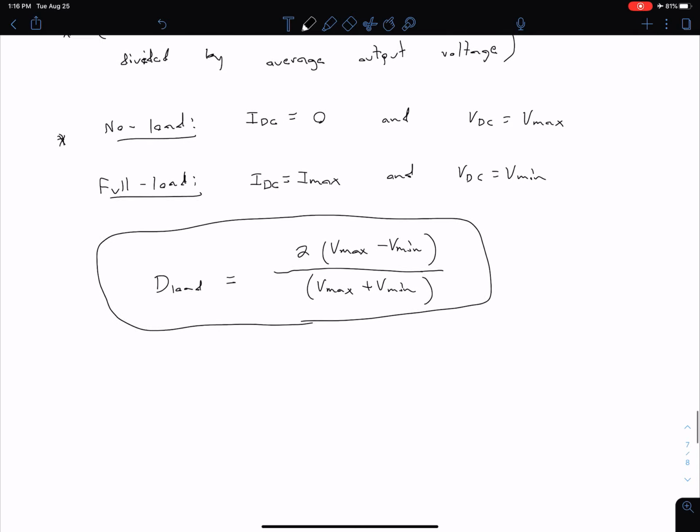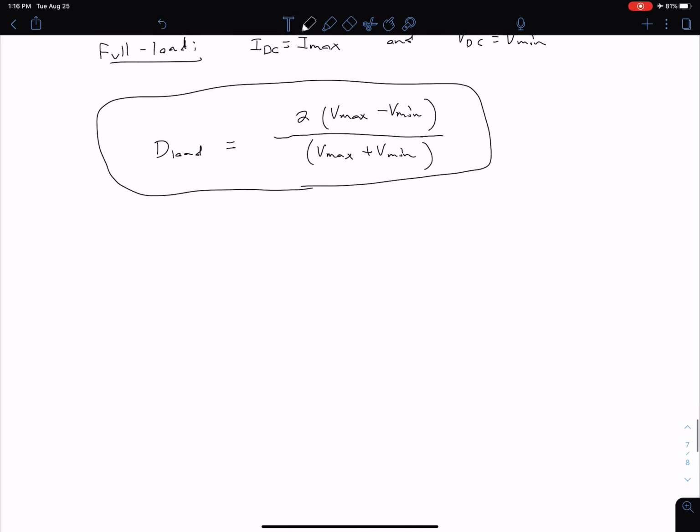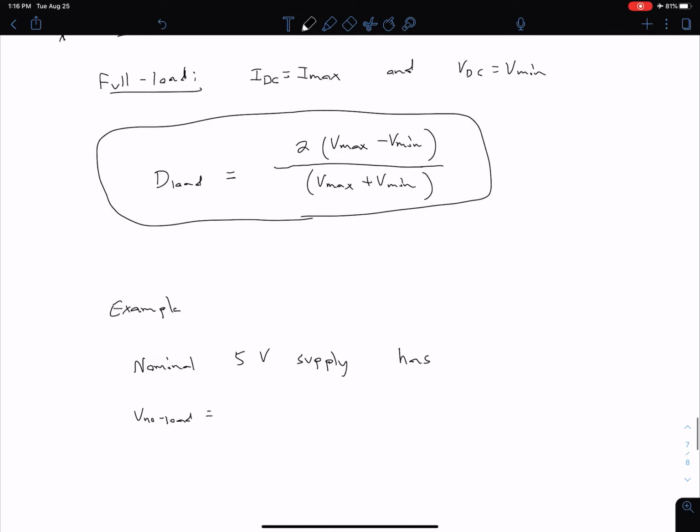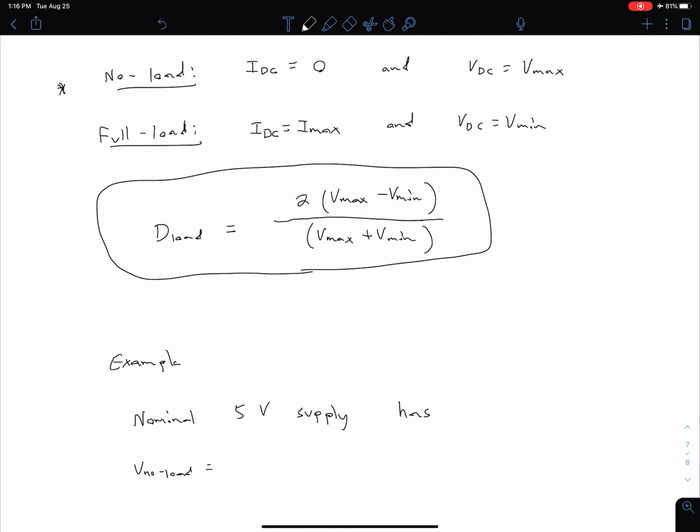So now just another quick example so we can see how to use that equation. So let's say in this case we have a nominal 5-volt supply. And for this nominal 5-volt supply, we have been given our no load and full load conditions. So we know our no load voltage, which coming back up here, we know for no load that's going to be the same as our V max.